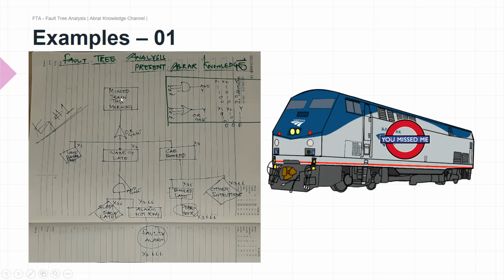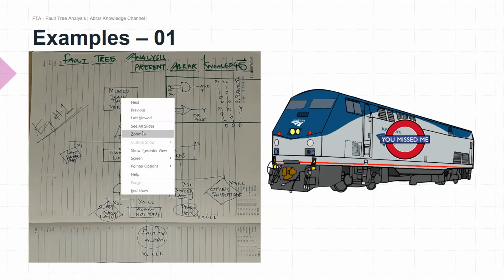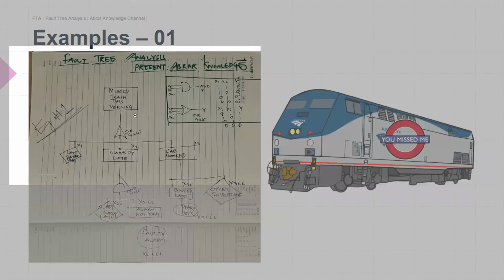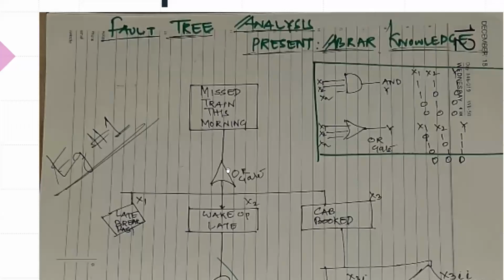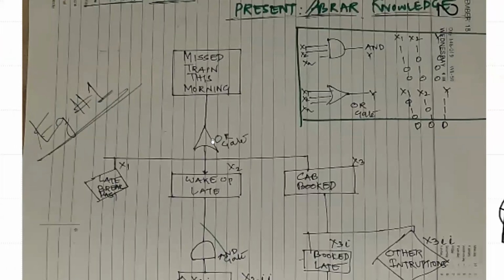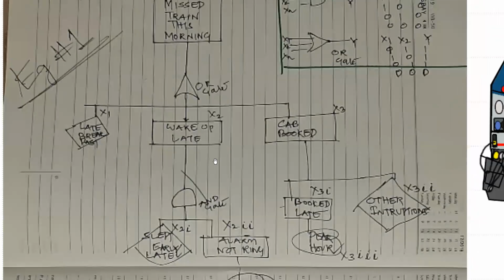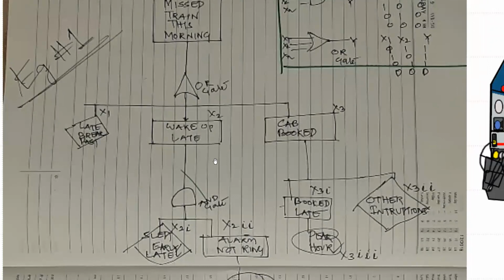Let's talk about this one in more detail. In this case, the missed train happened this morning, and we are using the OR gate. Why? There could be three factors: late breakfast, waking up late, or cab booked late, right? Let's penetrate down into waking up late.